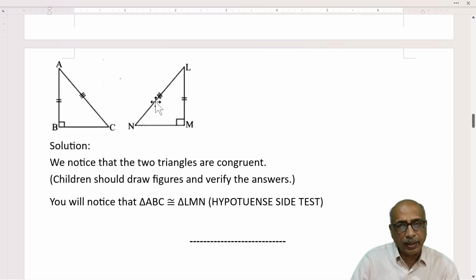And in right angle triangle, if hypotenuse sides are congruent and one of their adjacent side is congruent, like AB congruent to LM or BC congruent to MN, then we say that these two triangles are congruent by hypotenuse side test. So you can verify yourself the answer.